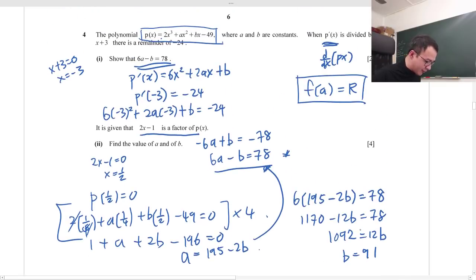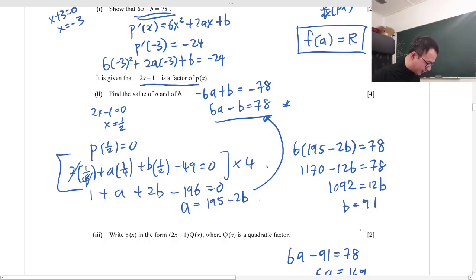I guess I made some mistake here, so let me double check. I get 4 plus a plus 2b minus 196 equals 0, so a equals 195 minus 2b, and 6a minus b equals 78.